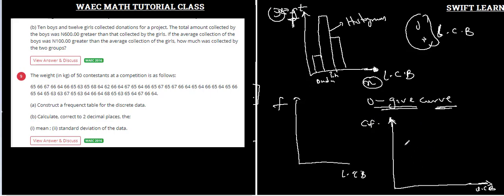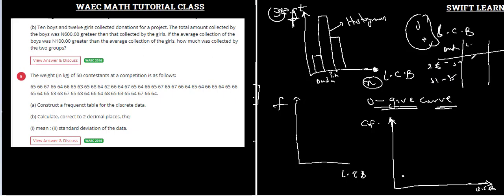So for the cumulative frequency, you have something like this. Let's say the first data given to you, you are going to have the data itself. Let's say you have 26 to 30, 31 to 35.